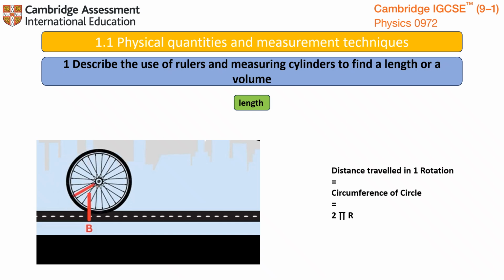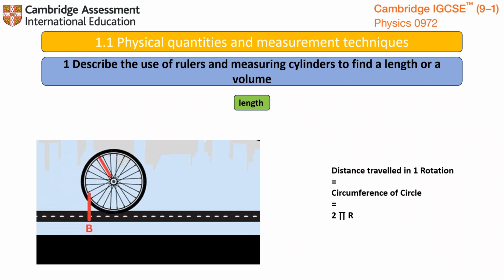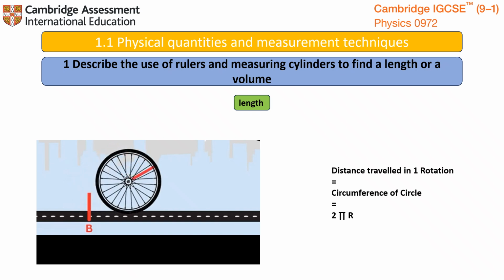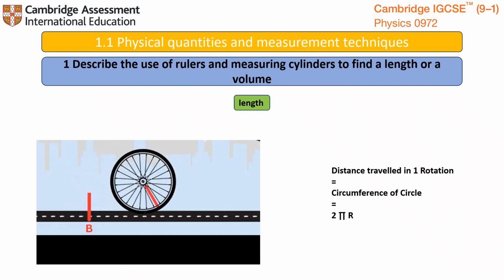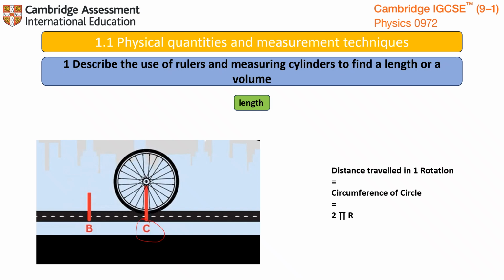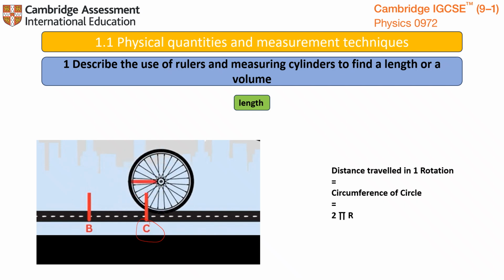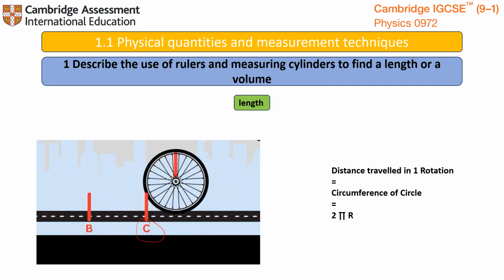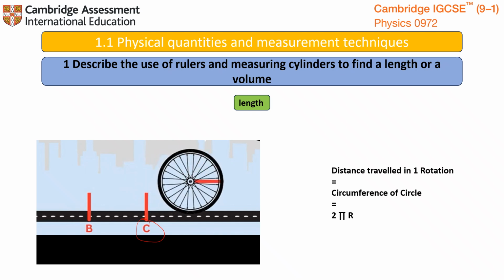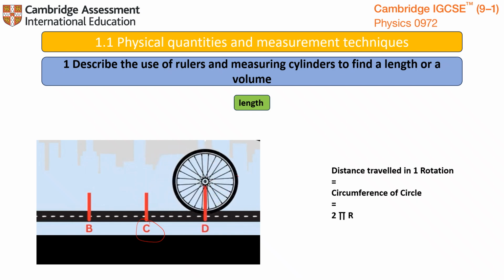In this animation, we see how a trundle wheel actually works, on what principle. In one complete rotation of this wheel, from the point C to D, it has moved a distance which is equal to the circumference of the wheel.